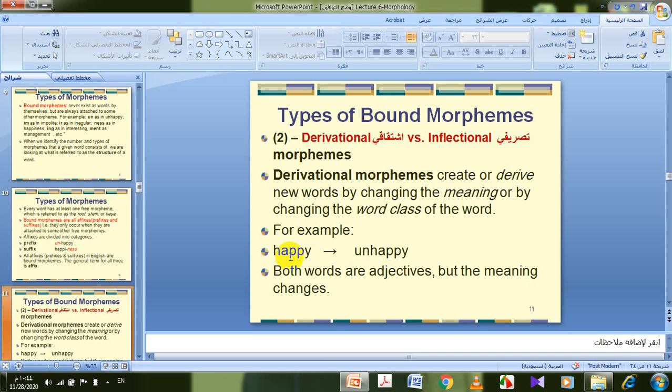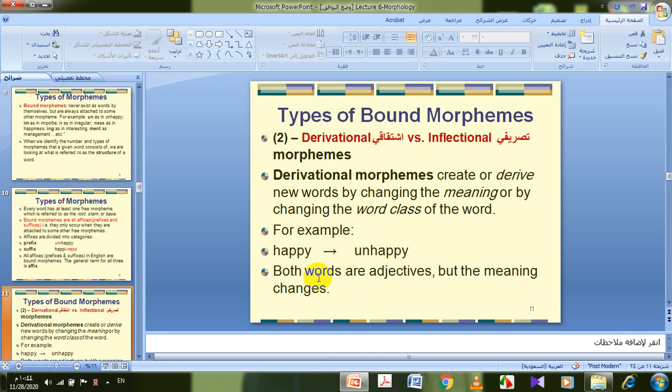Happy, unhappy. The same adjective, but what changes here? The meaning changes, not the word category or the word class, because happy, unhappy, both are adjectives. So we have a change in meaning.